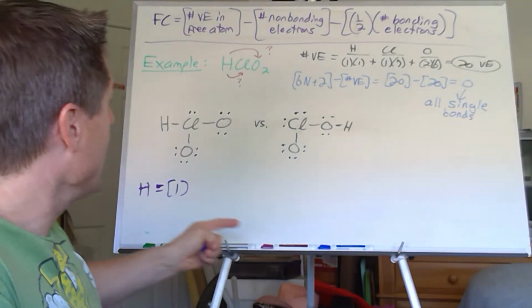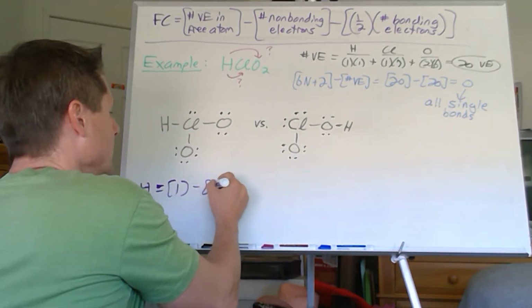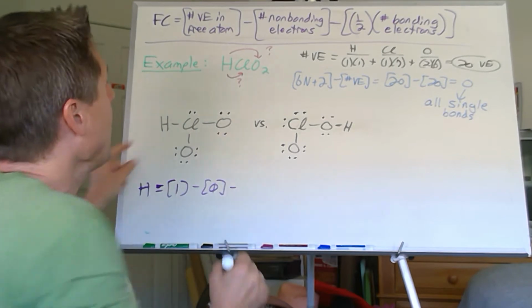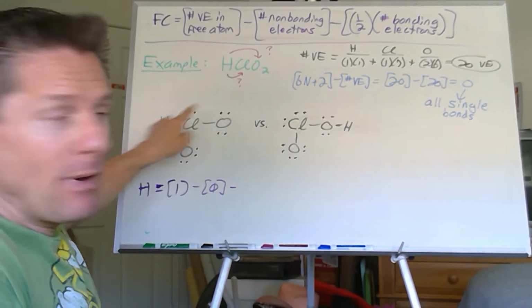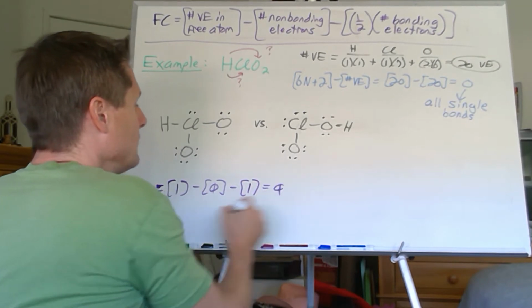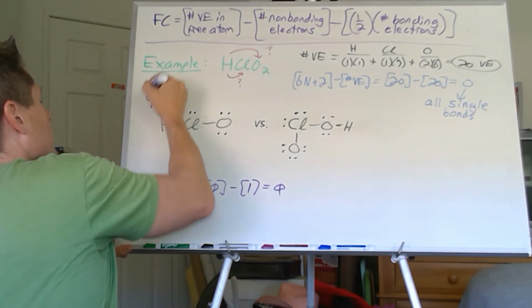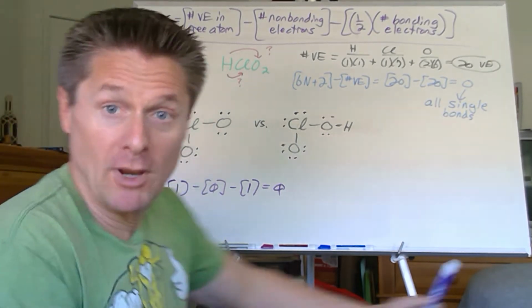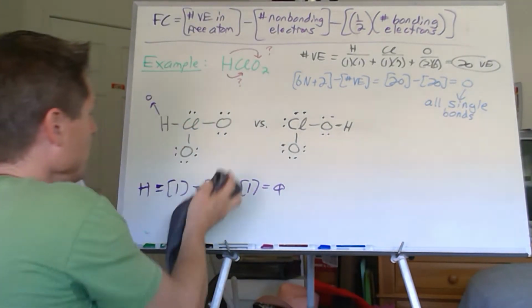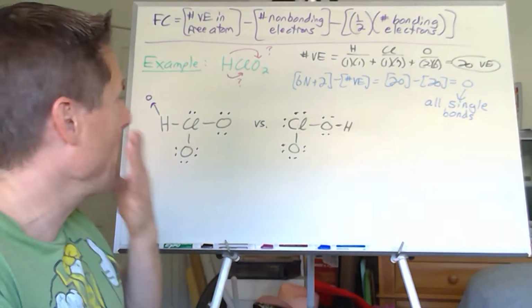Well, do you see any non-bonding electrons there? No. And how many bonding? There's 2 bonding electrons times half is 1. So that is equal to 0. So hydrogen has a formal charge of 0. It wants 1 bond and it has 1 bond. So it's kind of happy where it's at.